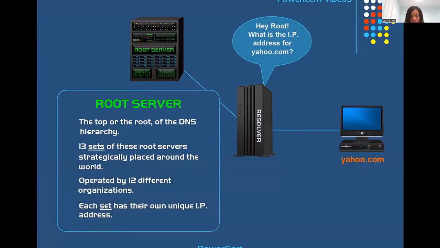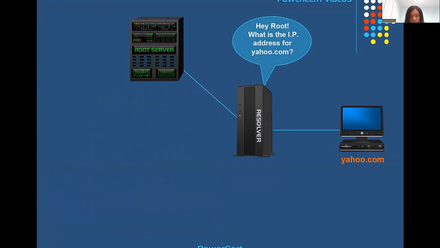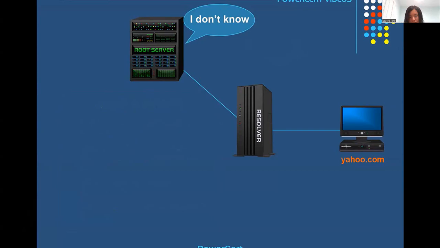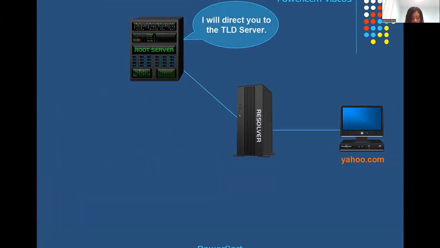So when the root server receives a query for the IP address for yahoo.com, the root server is not going to know what the IP address is, but the root server does know where to send the resolver to help it find the IP address. So the root server will direct the resolver to the TLD or top level domain server for the .com domain.